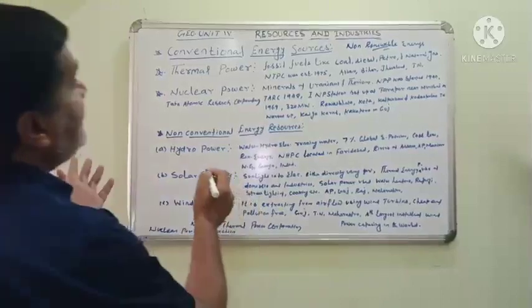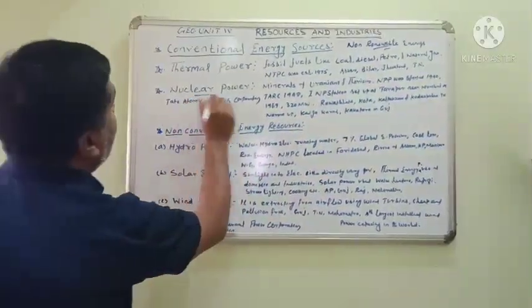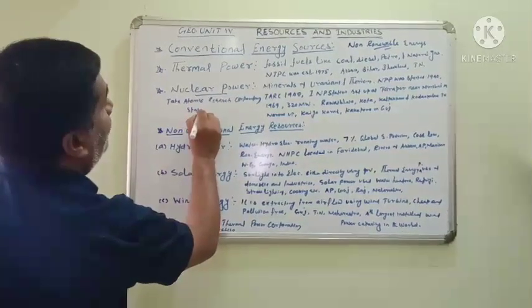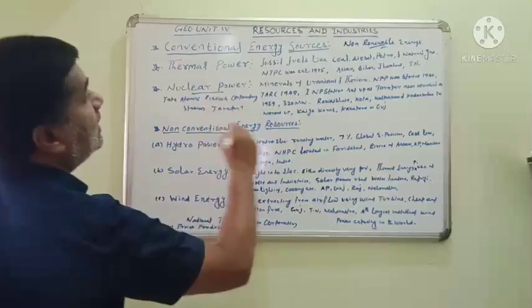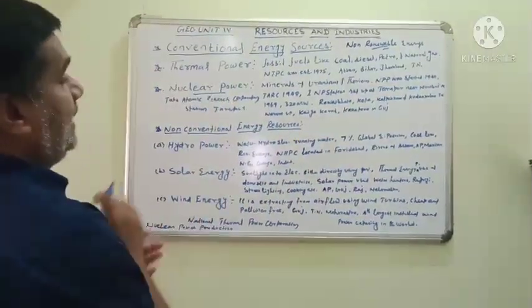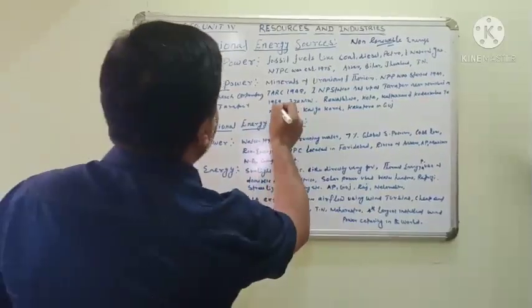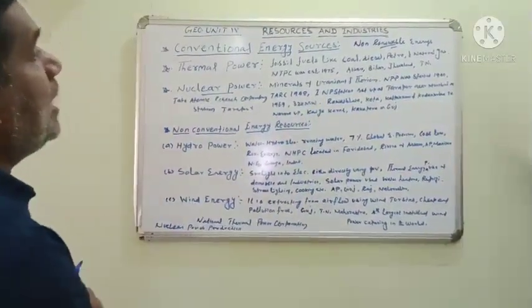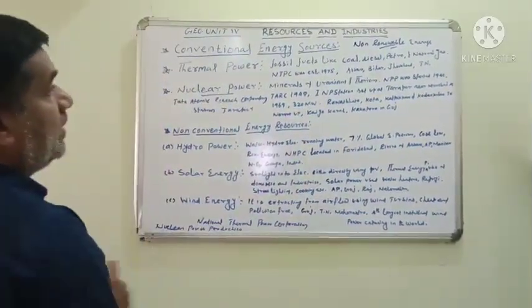The first nuclear power station was set up at Tarapur near Mumbai. It was established in 1969.